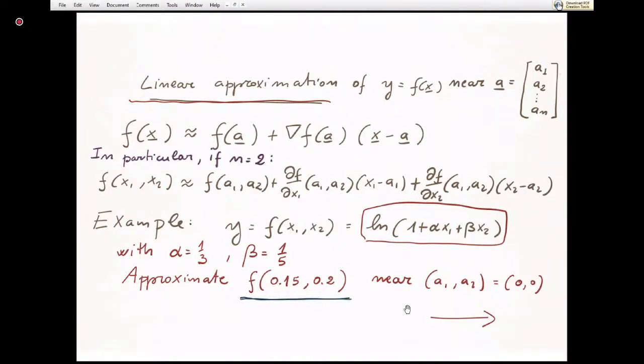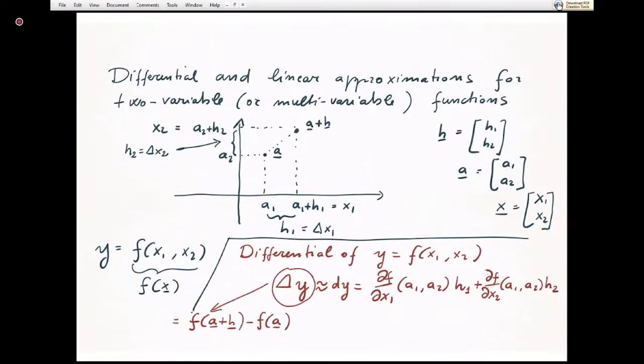Okay, very good. So what about the linear approximation of an n variable function near a point? This is strictly related to the differential. The only difference is notational. It's just a matter of notation, because in the differential, we have an initial point, and we focus on the increment.